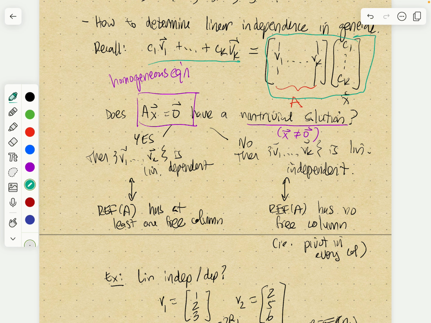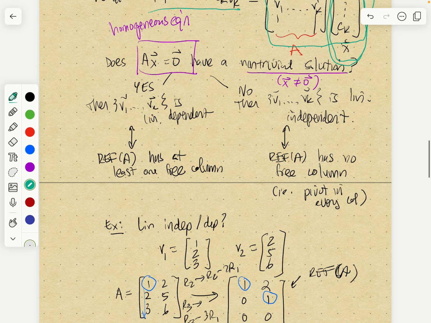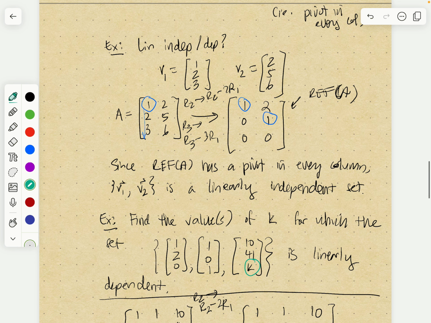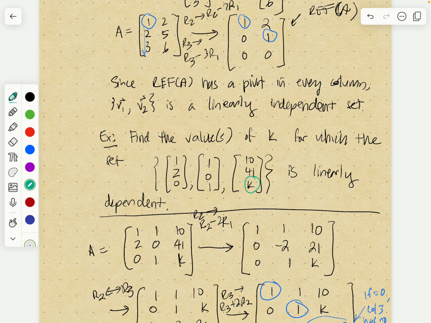So it boils down to whether it is possible for your x to be not the 0 vector if Ax is 0. And we translated independence and dependence to this criterion, and we saw that that's the same as when you find an echelon form of your matrix A, does it have a free column or not? And we did a few examples of this.